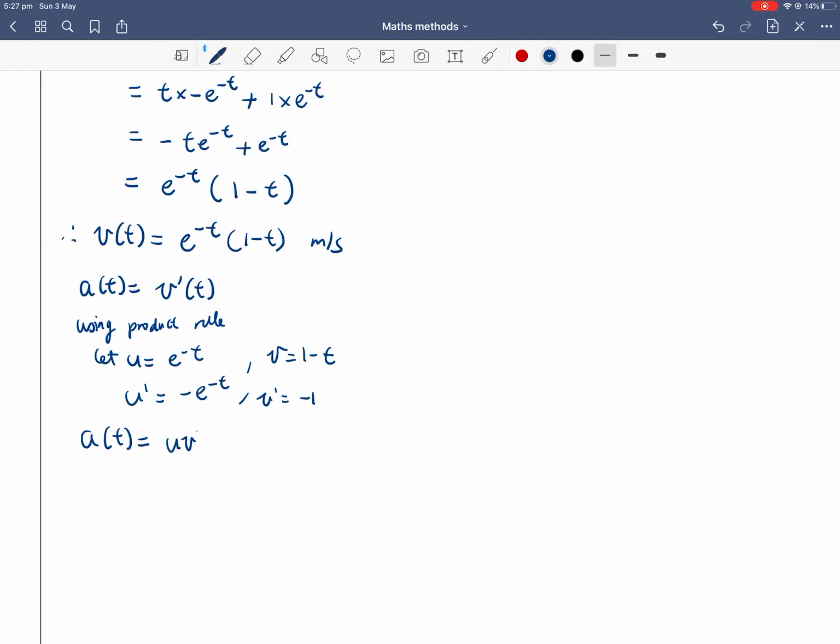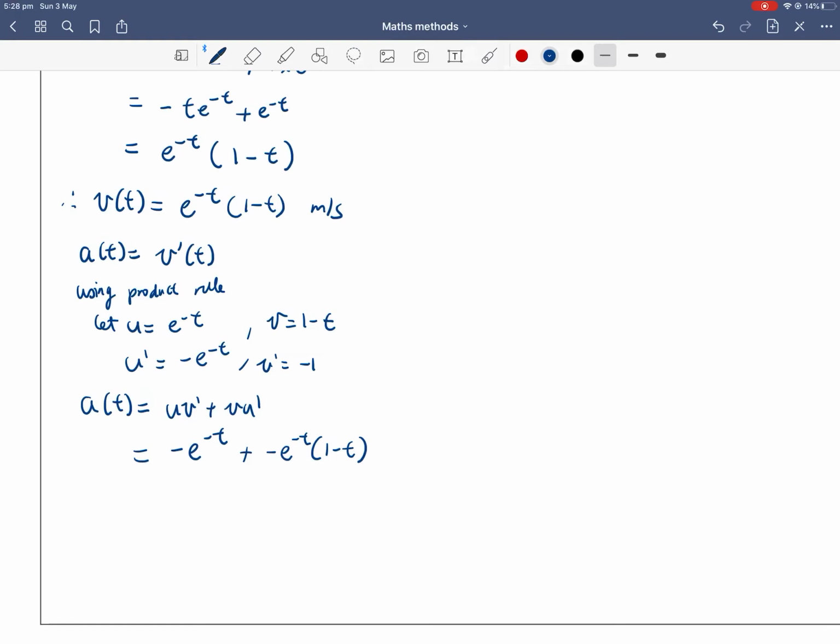So acceleration is u v dash plus v u dash. That's negative e to the negative t, plus negative e to the negative t times 1 minus t.